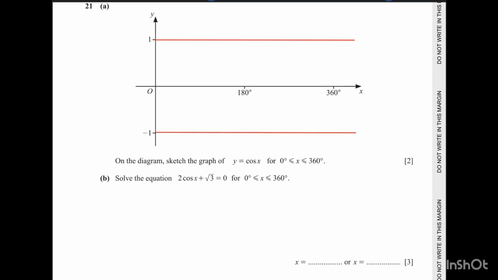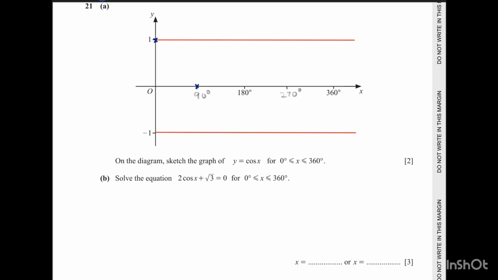Then take your ruler and measure from 0 to 180 and mark the exact middle of this as 90, because in between 0 and 180 is 90, and exactly in between 180 and 360, mark 270. Now you know that cos 0 is 1, so mark the point 1, and cos 90 is 0, so one more point.